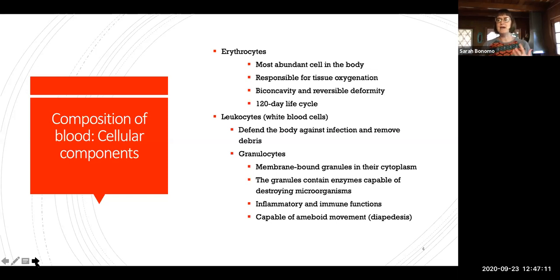These granules have these little enzymes in them that we are thankful are able to destroy microorganisms, whether that's a bacteria, a virus, fungi, parasites, all those things we just finished talking about, and plays a role in mediating or controlling the inflammatory process and our immune functions. And then a special skill that they have is they can move like an amoeba. So this means they can basically migrate through vessel walls in order to get to the necessary sites.